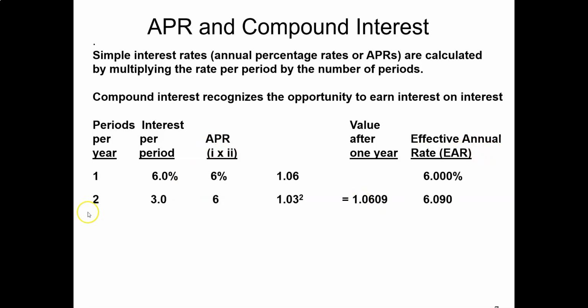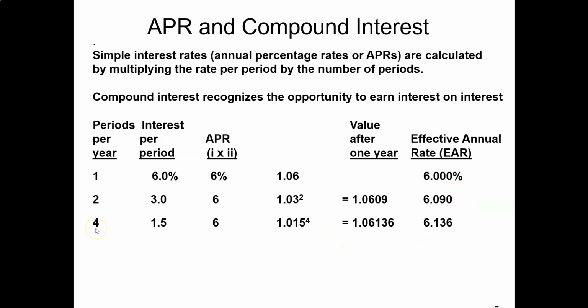But if the bank uses this annual percentage rate to do twice compounding during a year, then we will have this semiannual interest rate at 3%, and we do this compounding twice. So then the annual interest rate will be 6.09%. It is higher than 6%.